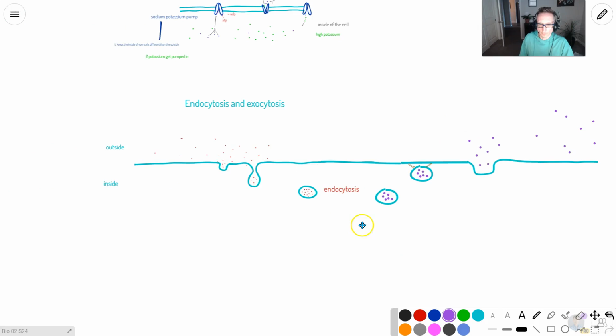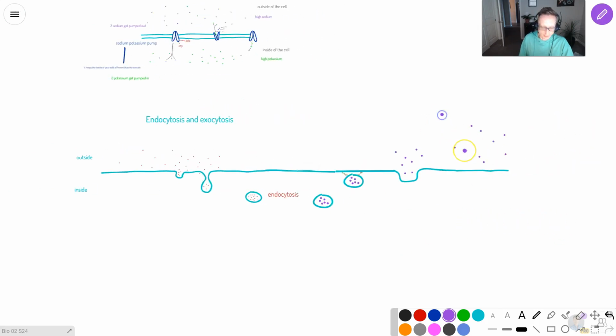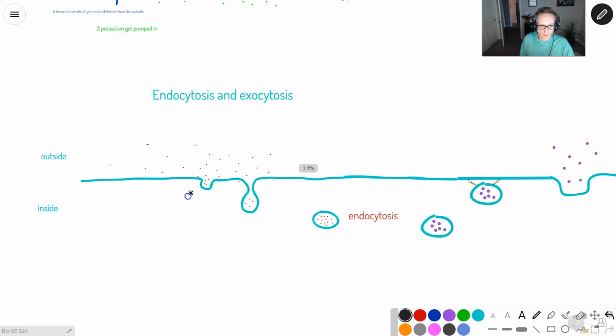Pretty cool. So this process would be called exocytosis. This way, really big stuff can get in and out of the cell. So just to be clear, these are like little transitions.